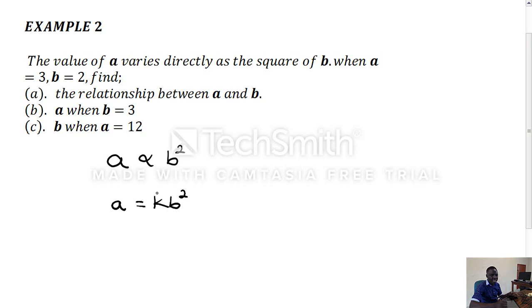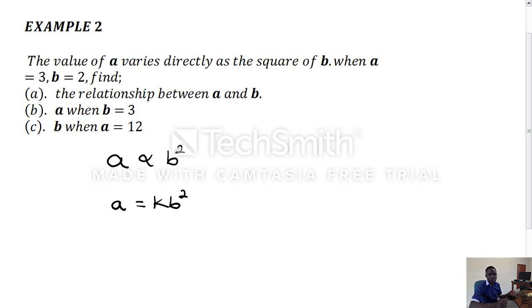Your constant may be k or any alphabet as you choose to. But note that most of the symbols we use as constant is mostly k, a, b, or c.